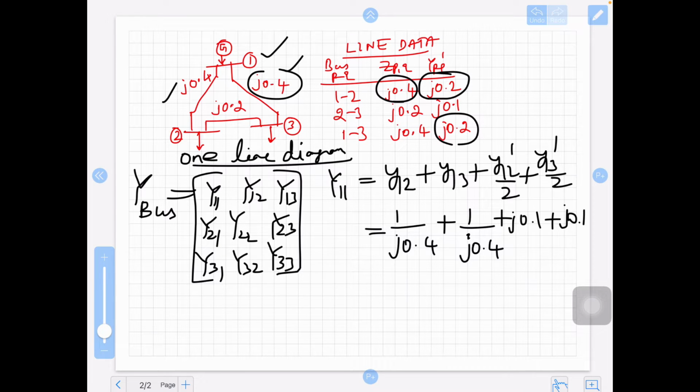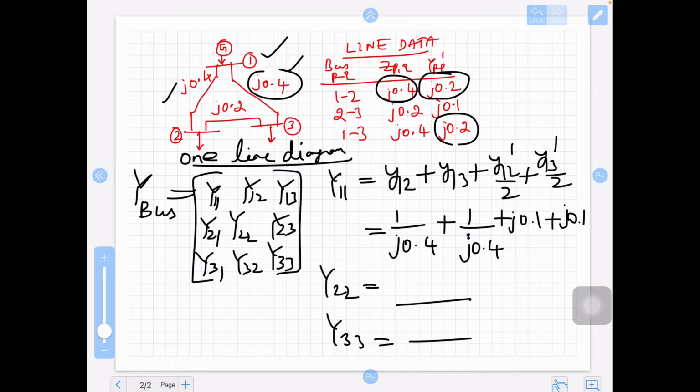Like this we should find Y11. Similarly, Y22 and Y33 can be found along the same lines.